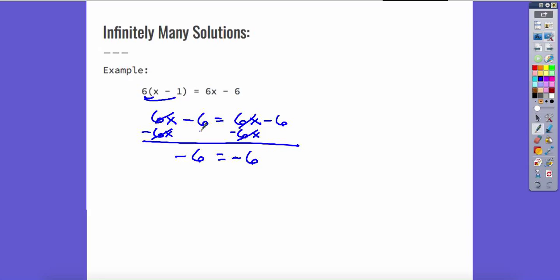And so now when I look at this equation, I have negative 6 equals negative 6. Again, all of my x terms have canceled. I have no more variables left. But in terms of something being equal, yeah, negative 6 is always going to be equal to negative 6. That is a true statement.